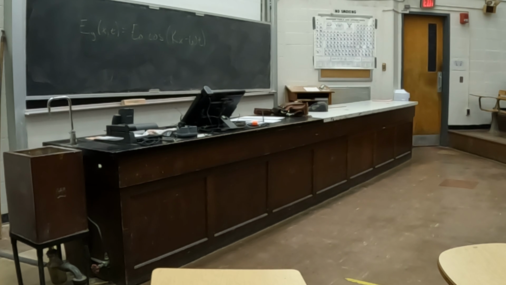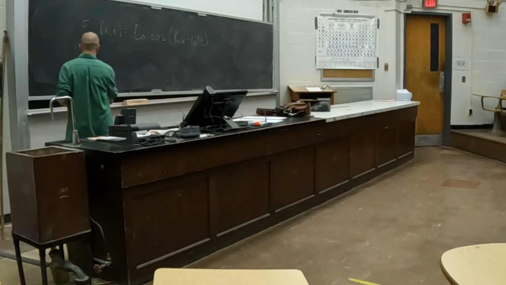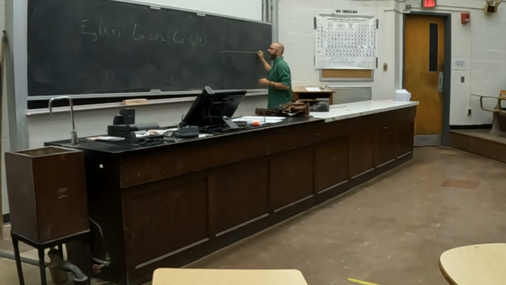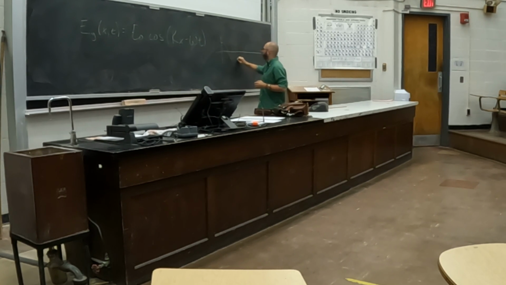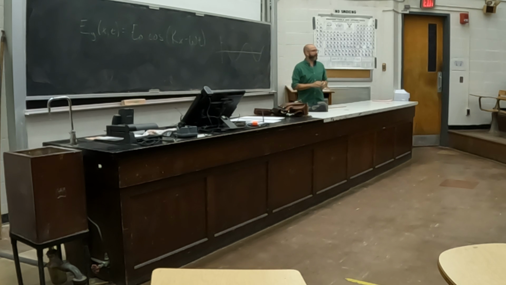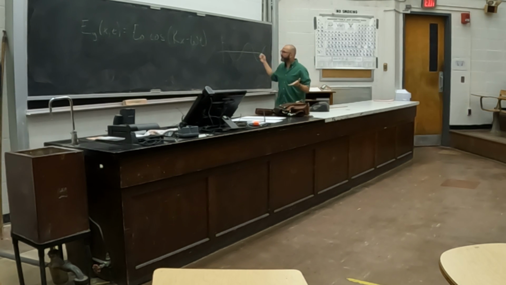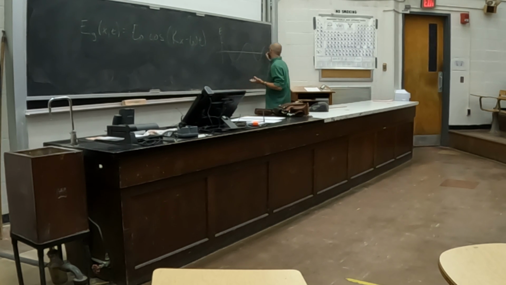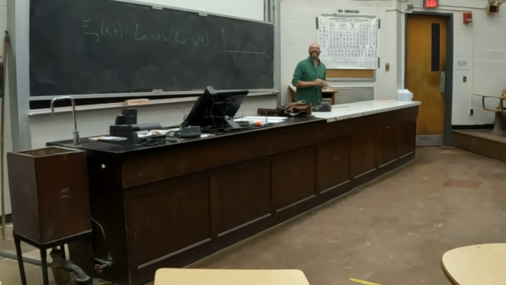Let's unpack that for a second, right? So if I were to graph this on a two-dimensional graph, like I did a while ago, leaving out the B field. So it looks something like this, right? Where this is E, and this is t, right?